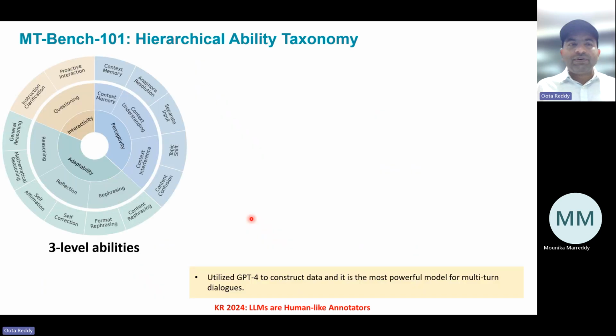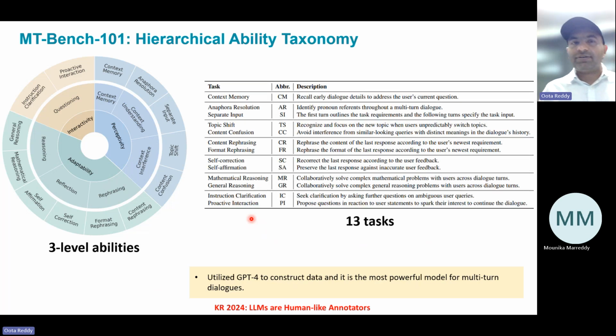If you look at the hierarchical ability taxonomy, they mainly focused on three levels of abilities: adaptability, perceptivity, and interactivity. How good are these LLMs at interacting with you? If you ask for rephrasing, reasoning, or reflection, it needs to self-correct. Suppose it provides a wrongly formed sentence and you ask it to rephrase; it has to rephrase the sentence again correctly.